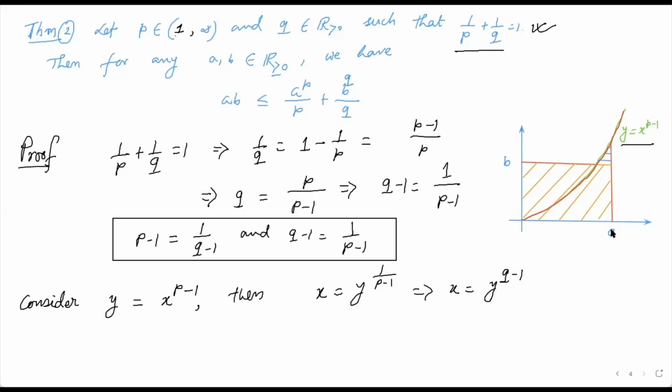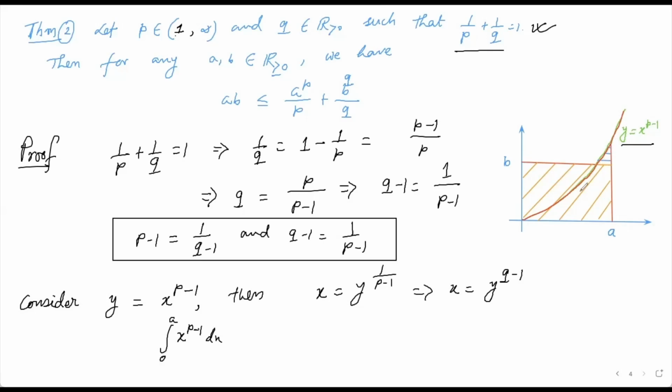Suppose this is the point A and this is the point B. If you integrate the function x power p minus 1 dx, integration over 0 to a, what is this?